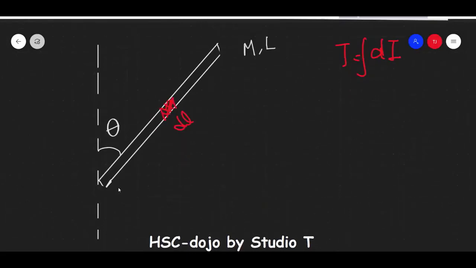From this end of the rod the differential portion is at a distance of say l, and from the given axis about which we have to evaluate the moment of inertia, the differential portion is at a perpendicular distance of x from that axis. From trigonometry it is totally obvious that x is l sine theta.